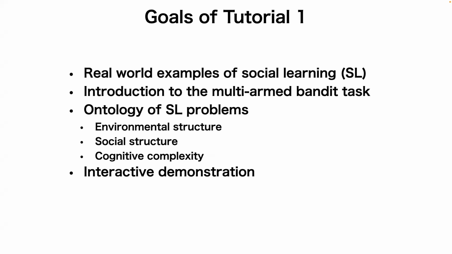Then, starting from that, I'd like to introduce some tweaks on this bandit task to capture some aspects of social learning or collective behavior, to build up how we can model those social learning problems in a more formal, computational modeling way. And then finally, I'd like to also do some interesting interactive demo with all of you.